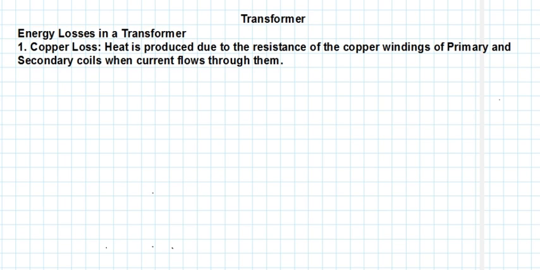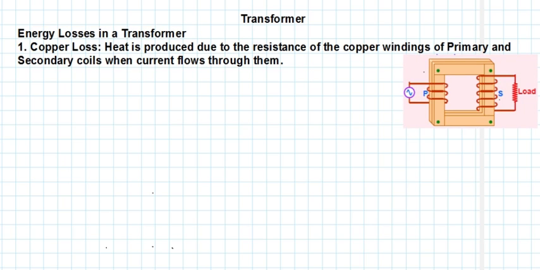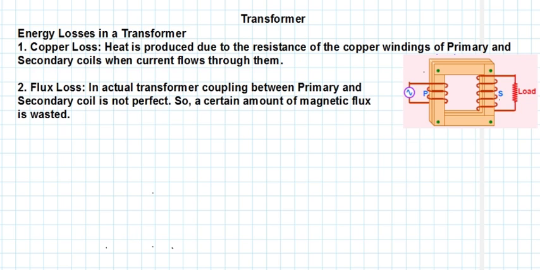So when current flows through a conductor, this copper conductor in the primary and secondary will heat up, right? And conductor heat up means what? Heat energy is produced. So this heat energy is a wastage of energy. So this is produced due to the heating up of the copper coil.